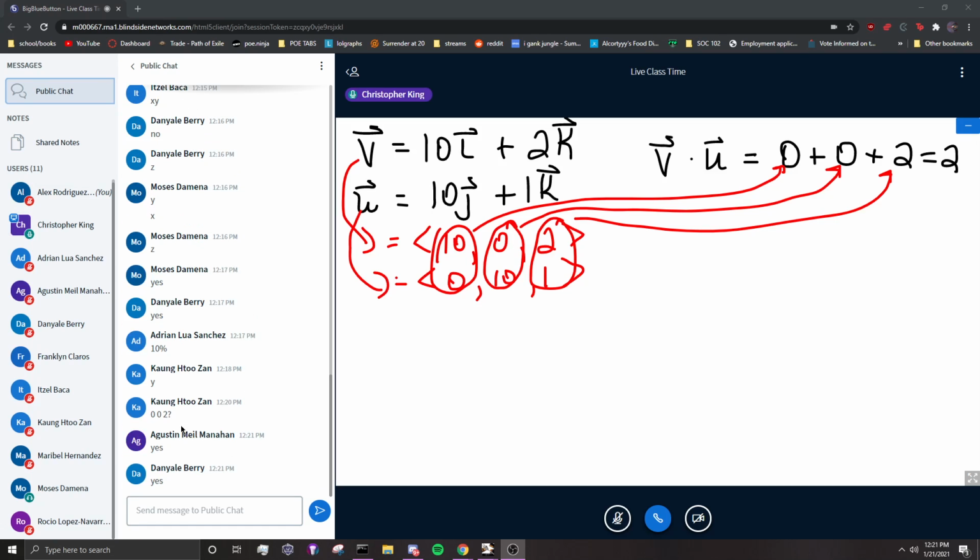Okay, so we know what the dot product is. The next thing I'm going to do is find the magnitude of vector v, and I need to find the magnitude of vector u. So what would be the magnitude of vector v? And don't worry about simplifying it, just give what it would be.